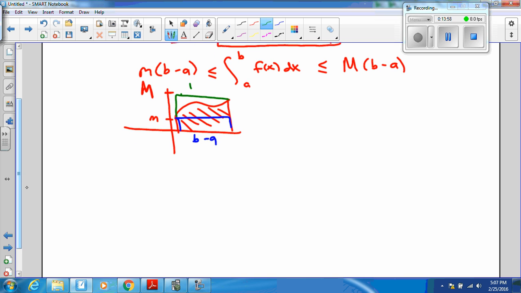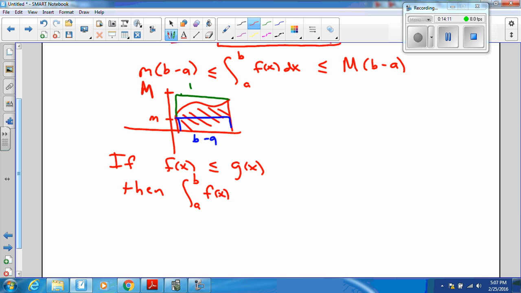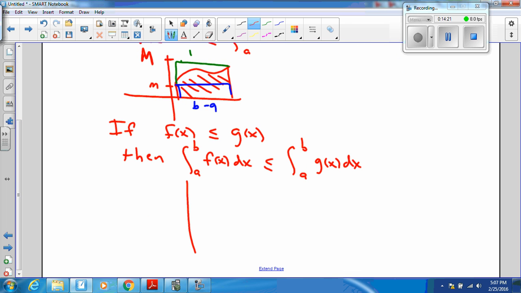If we generalize that and say that f is bounded above by some function, g of x, then we can also say that the integral from a to b of f is going to be less than or equal to the integral from a to b of g. And the point here is once again to think of the integral in terms of Riemann sums. So if this is my f and this is my g, notice that my g actually drops below f over here, but that doesn't matter if I'm going to integrate from a to b.